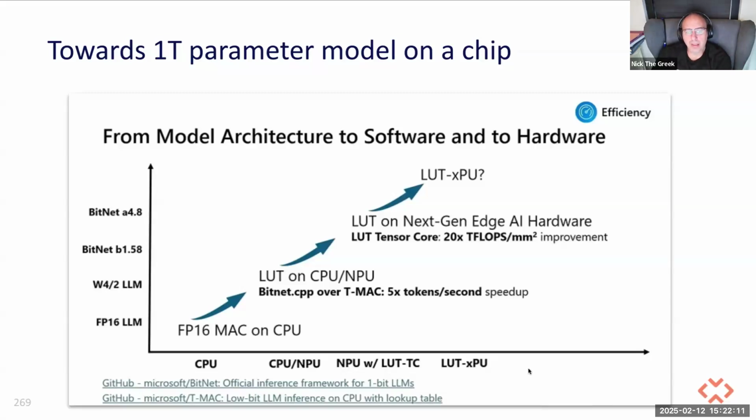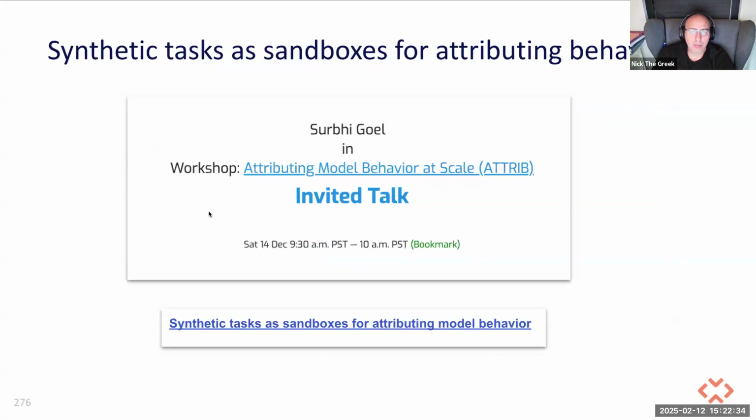So that's why they think that we can reach, if we can make that, 20x teraflops per square millimeter, okay? And in my opinion, this basically opens the door, so this is the BitNet at 4.8, opens the door of going to even a trillion model on a chip.